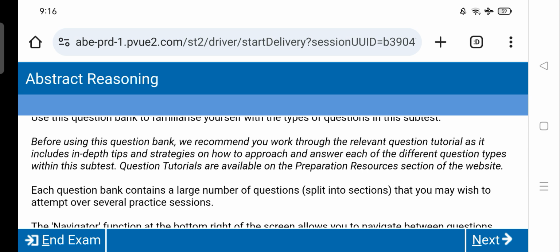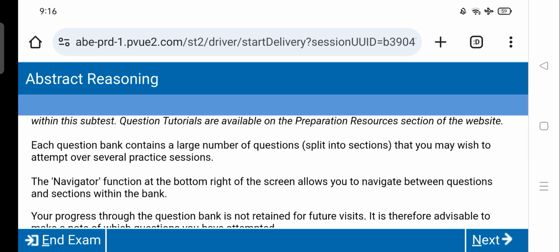Before using this question bank, we recommend you walk through the relevant question tutorial, as it includes in-depth tips and strategies on how to approach and answer each of the different question types within this subtest. So question tutorials are available on the preparation resources section of the website.